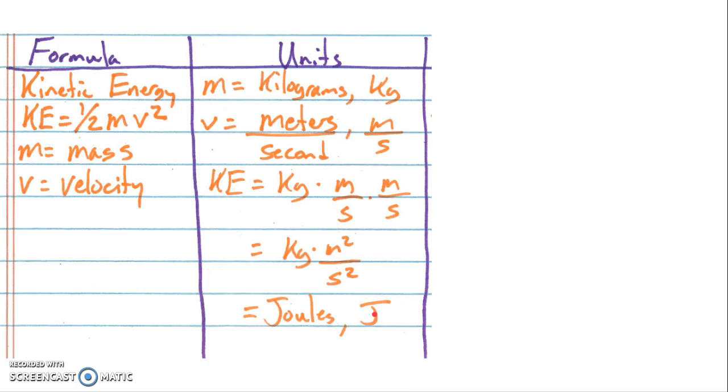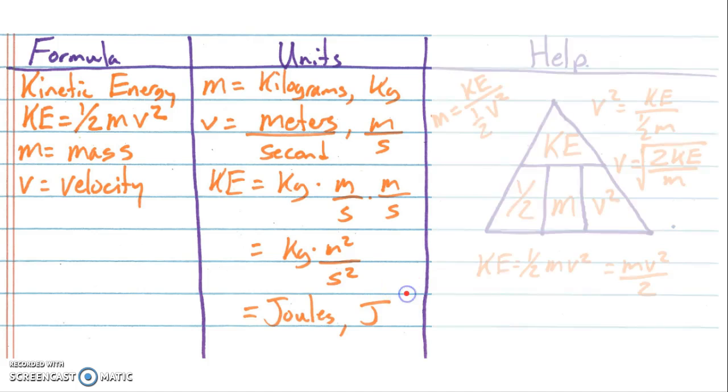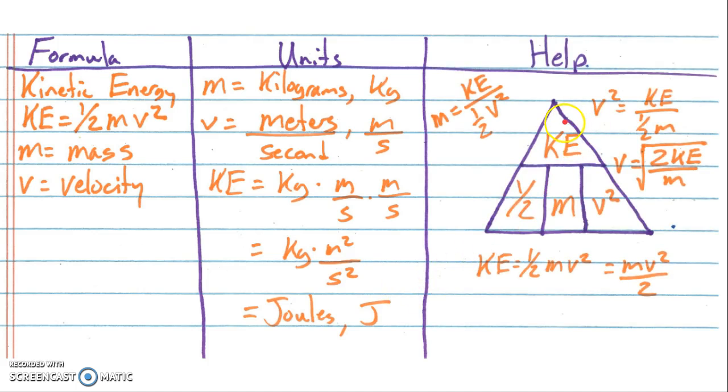Same thing as potential energy, same thing as work. And so we can actually plug this into our triangle. Again, there are three variables here, and that 1/2 we don't really have to put in there. So kinetic energy is 1/2 times m times v squared, or mv squared over 2 if you wanted to simplify it that way.